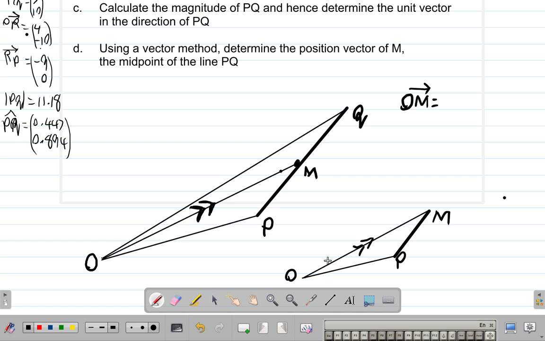Alright, so here now, OM, if we follow around the triangle, MP and OP would be the other two sides of the triangle.